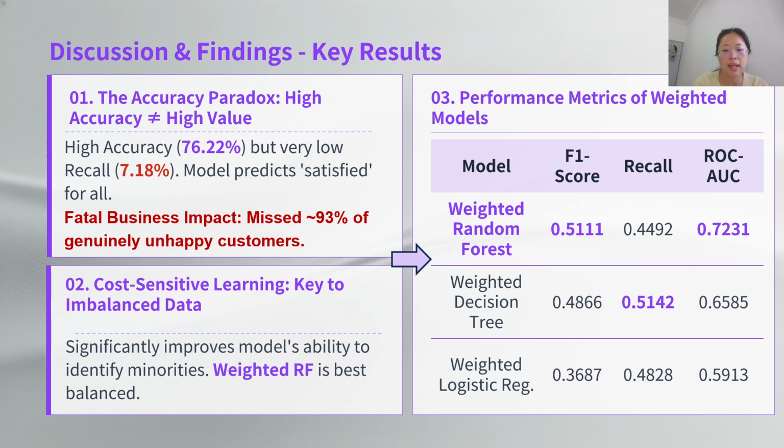We successfully captured nearly 45% of actual service failures without generating any fake data. It is also worth noting that the weighted decision tree achieved the highest recall at 0.5142. While predicting human feelings is naturally difficult, these results prove the tree-based models are vastly superior to simple baseline models in handling highly imbalanced retail data.